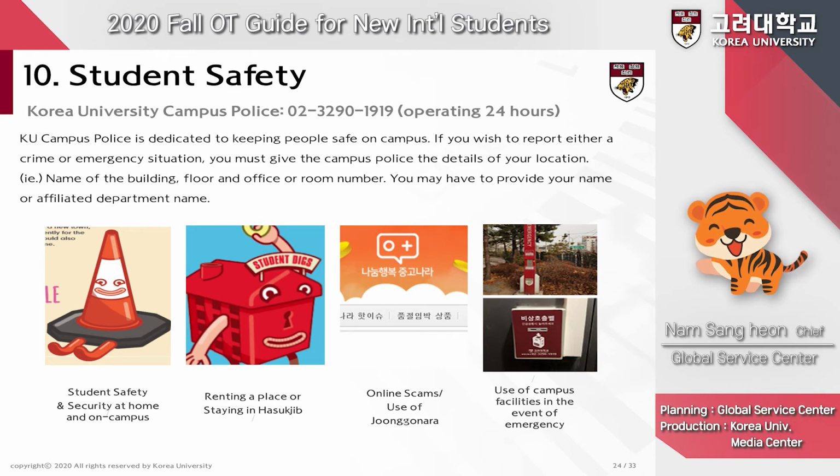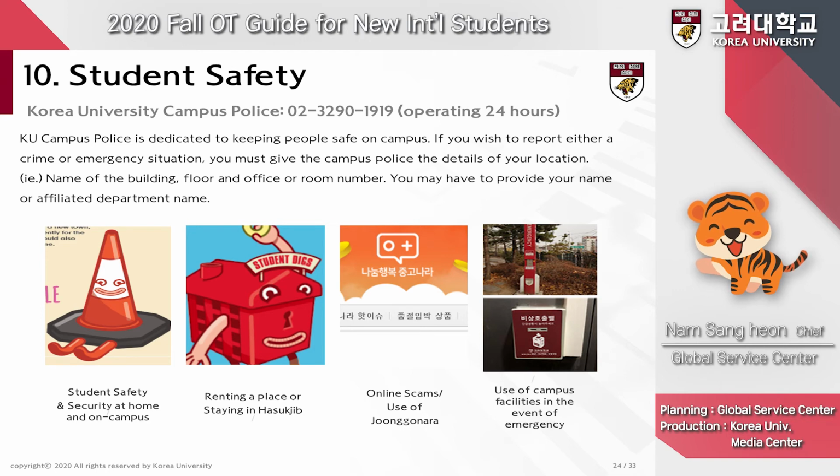For this reason, and of course for you to navigate through campus more easily, it would be very useful for you to become familiar with our school's campus and buildings as soon as possible. Also, as the picture on the far right shows, throughout our university campus, we have emergency bells installed.